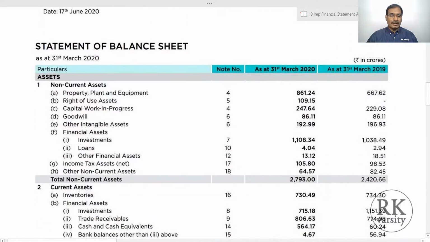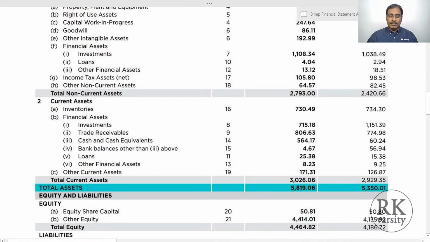So here is the balance sheet of the company, and in the balance sheet you need to look at the assets, current assets, and in current assets trade receivables. So here is trade receivables, and you can see that there is no item named debtors. So debtors turnover ratio is visible only in textbooks, but in contemporary balance sheets you don't find any item of debtors.